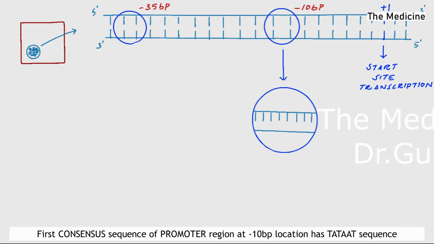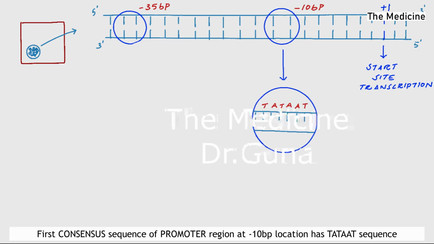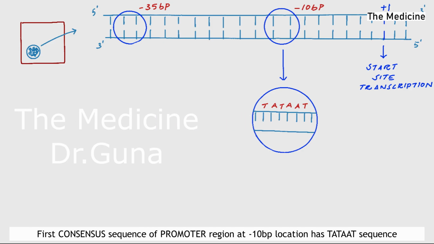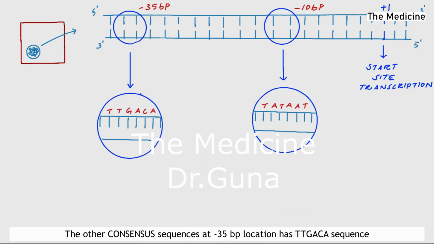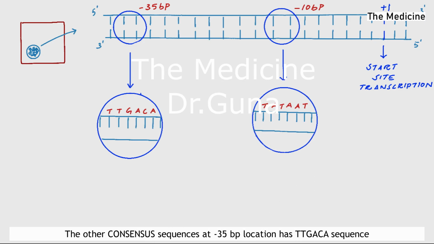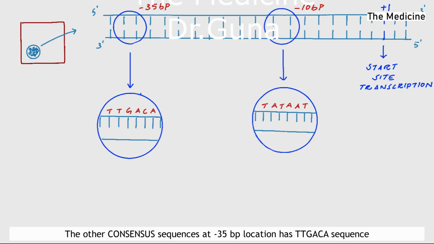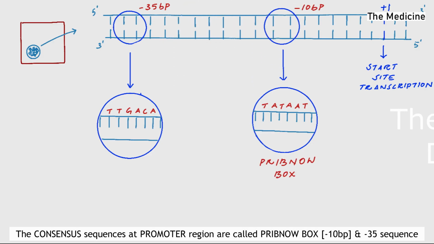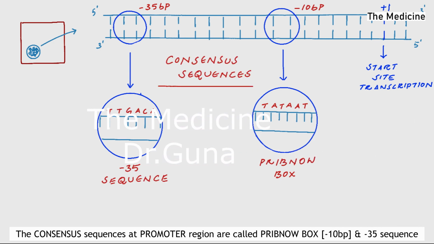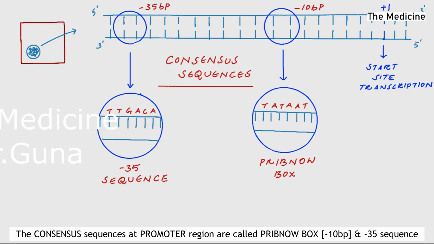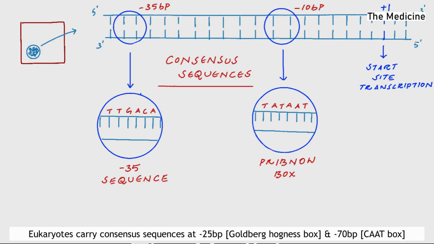The first consensus sequence of promoter region at -10 BP location has TATAAT sequence, and the other consensus sequence at -35 BP location has TTGACA sequence. These consensus sequences at promoter region are called Pribnow box -10 BP and -35 sequence.